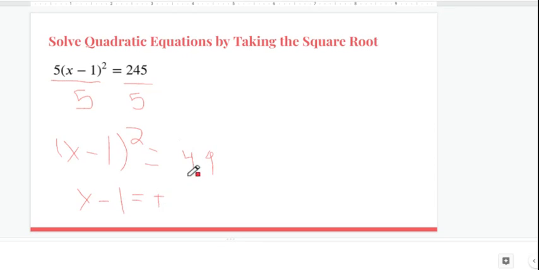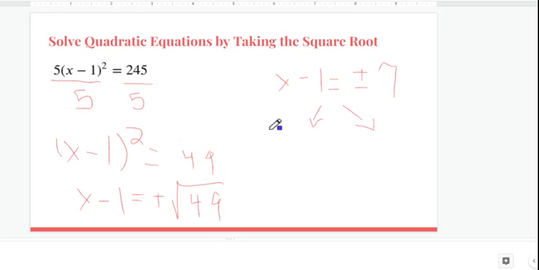Now, there are two solutions to this. At this point, I'm going to bust this up and write both solutions. So x minus 1 equals plus or minus 7.